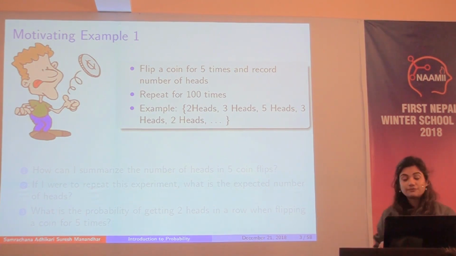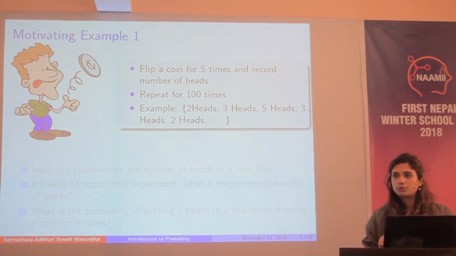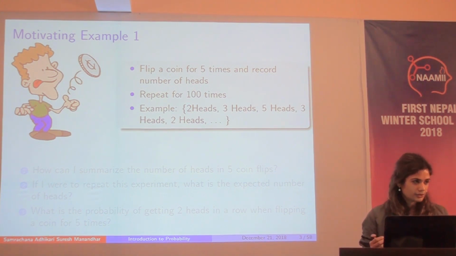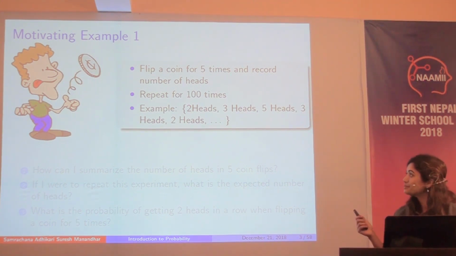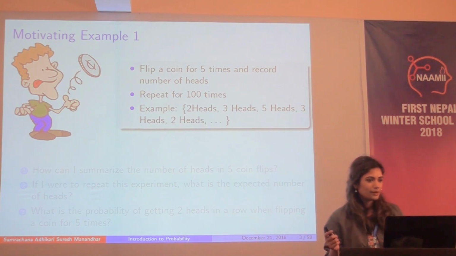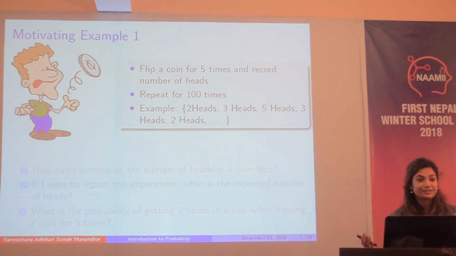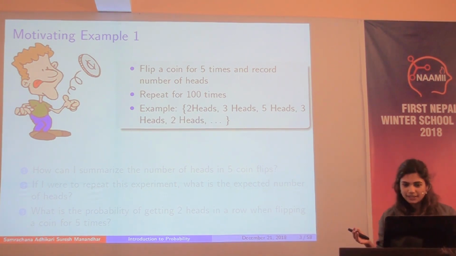I'll start with a few motivating examples, and we'll work through these examples throughout this course today. A very simple example is a coin flip. We talk about head or tail. There are two likely outcomes when you flip a coin.